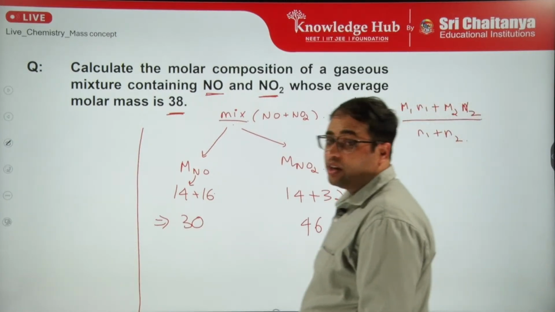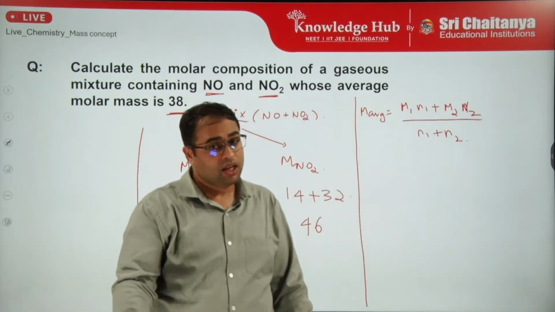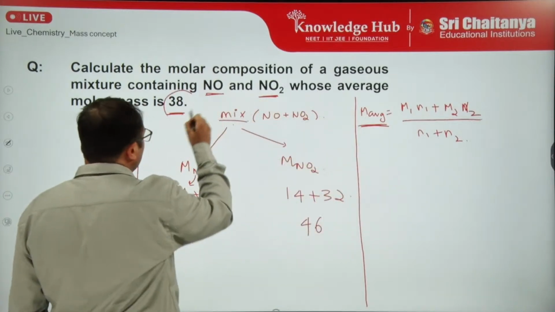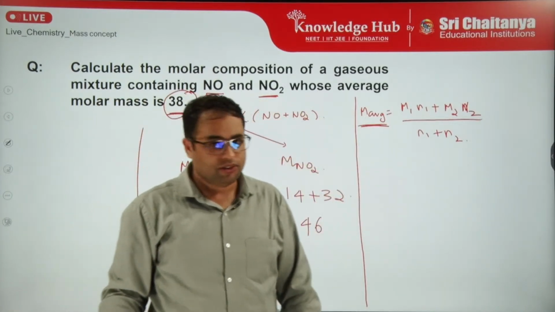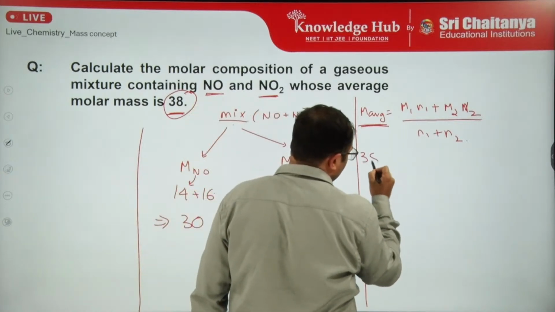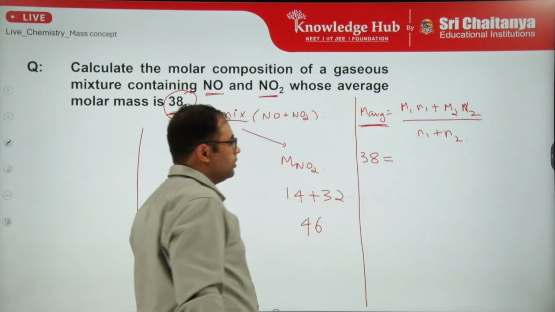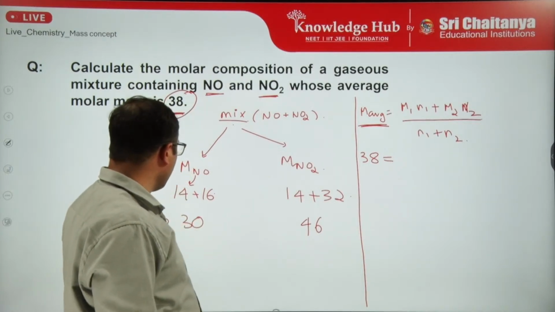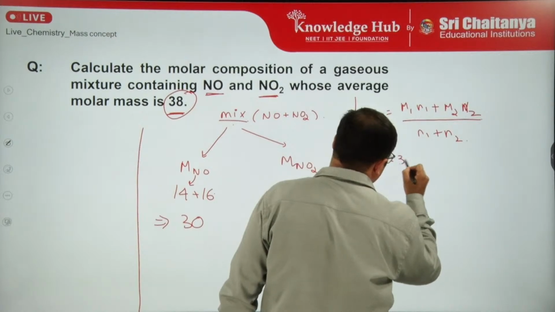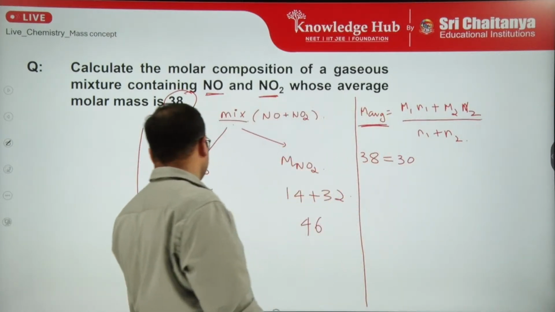And we need to find the value of N1 and N2. See, this average mass is already given to you as 38, so substitute here 38. The first mass is around 30, right?